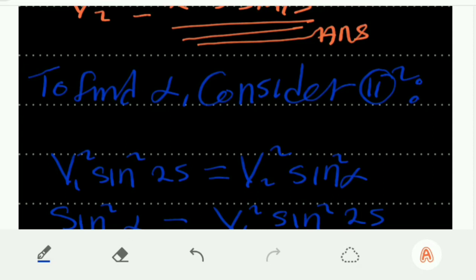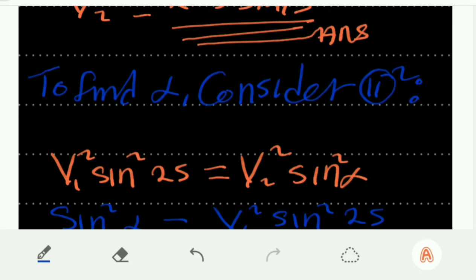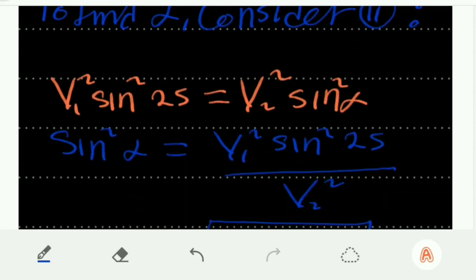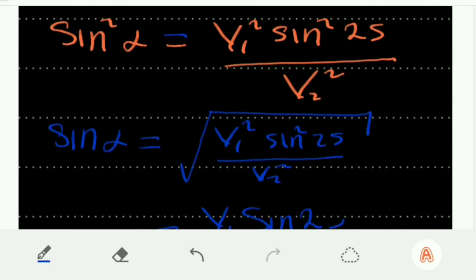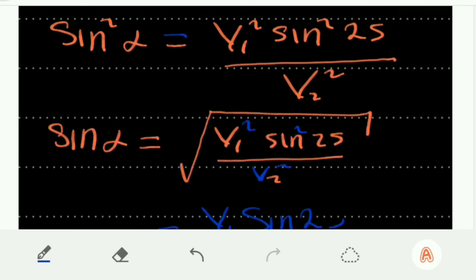Equation 2 is given as V1 squared sine squared 25 equals V2 squared sine alpha squared. Since we are looking for alpha, we are going to say sine alpha squared equals V1 squared sine 25 squared divided by V2 squared here.